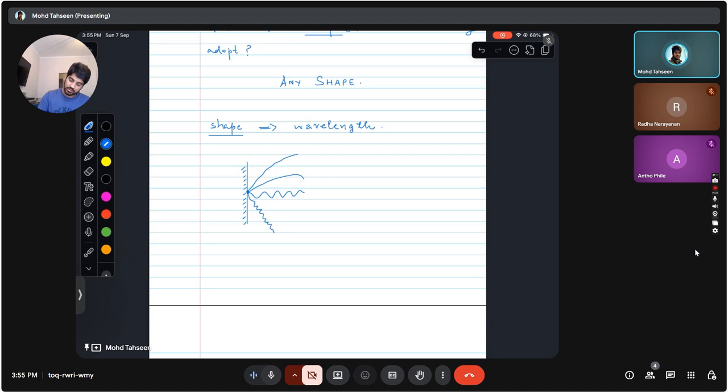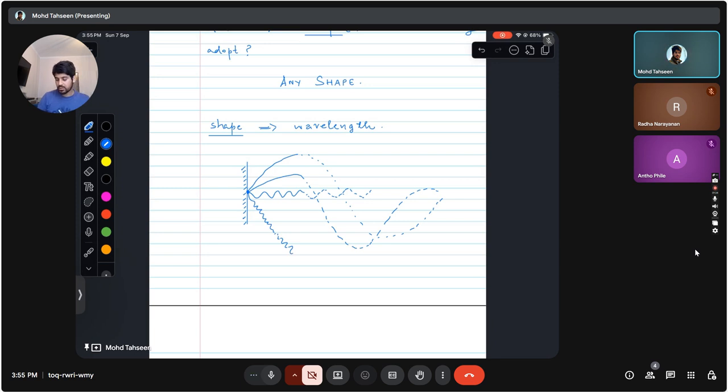So what are these different segments? These are all of length L. These are the different ways in which I am arranging the string. In the first case, this corresponds to a sinusoidal motion which has a wavelength this large. In the second case, it corresponds to a sinusoidal motion with a lesser wavelength, in the third case it's even lesser, and in the fourth case it's the least of all.